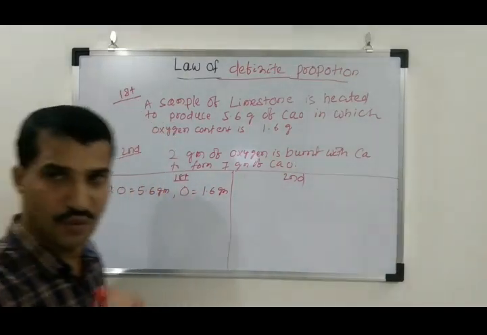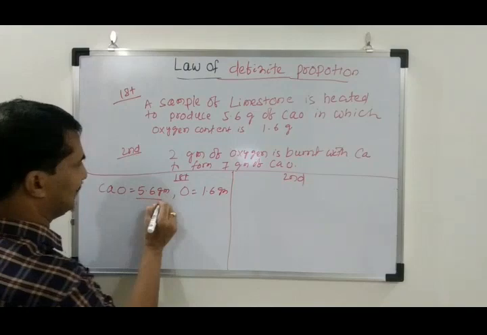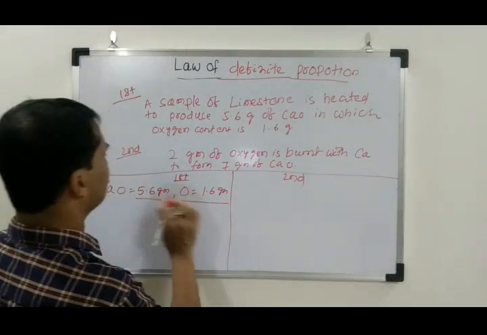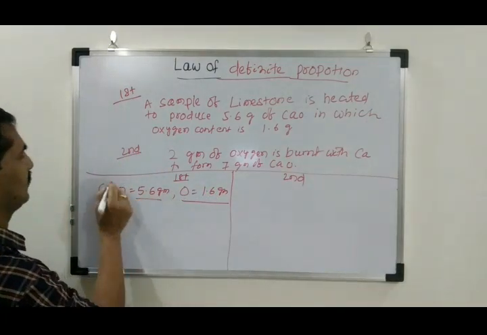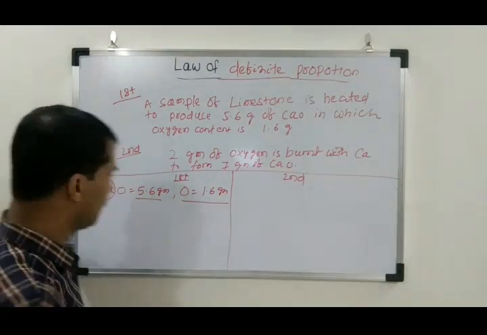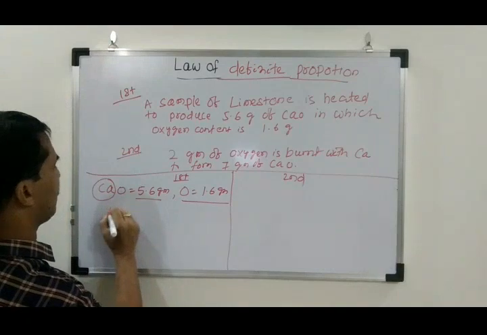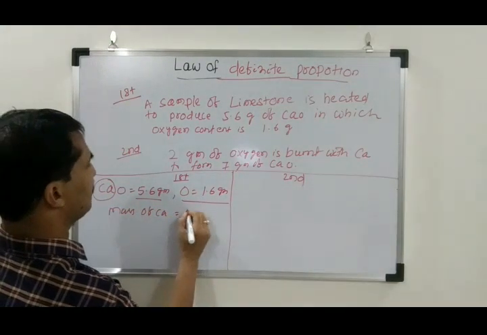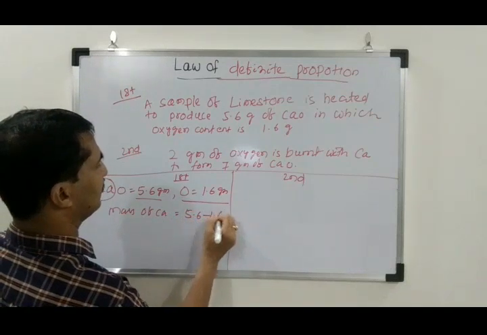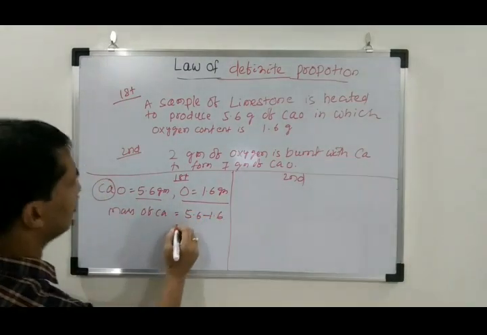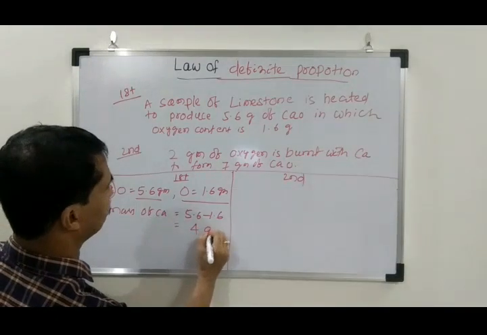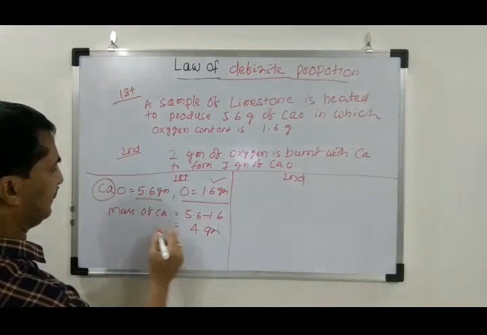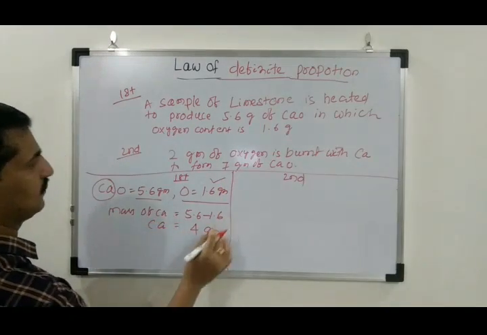Of course, the oxide mass is 5.6, the oxygen mass is 1.6. So when we subtract the oxygen's mass from the oxide mass, the metal mass will be found. Okay, let us find out. Mass of calcium is 5.6 minus 1.6. This will get 4 gram. So here the mass of oxygen is 1.6 and mass of calcium is 4 gram.